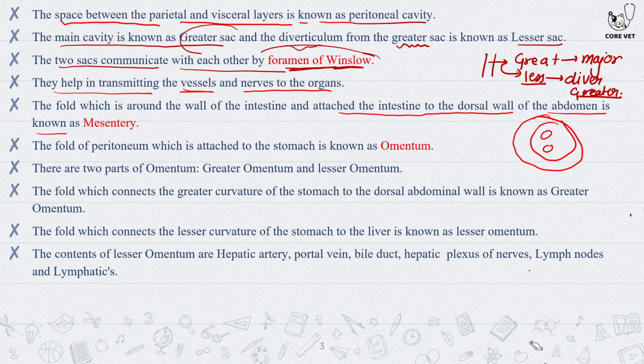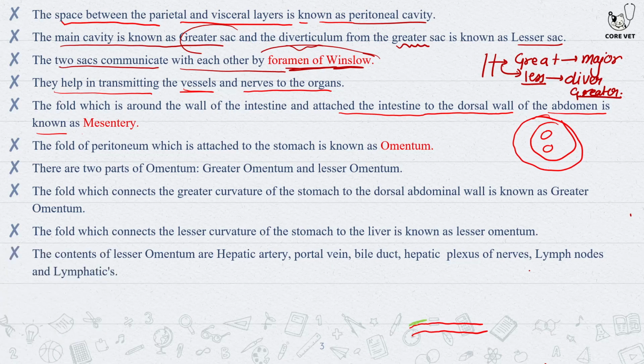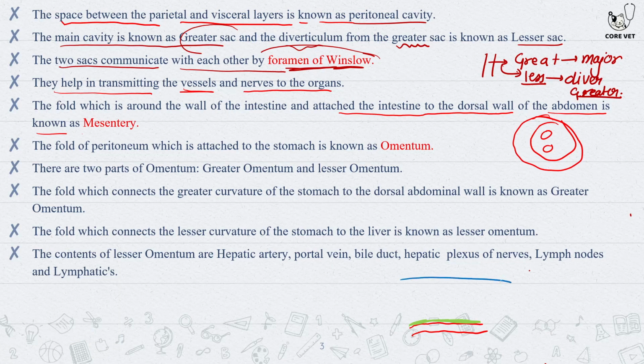So, for a clear purpose, consider this to be an intestine. This is the wall of the intestine, right? And this is the dorsal wall of the abdominal cavity, right?